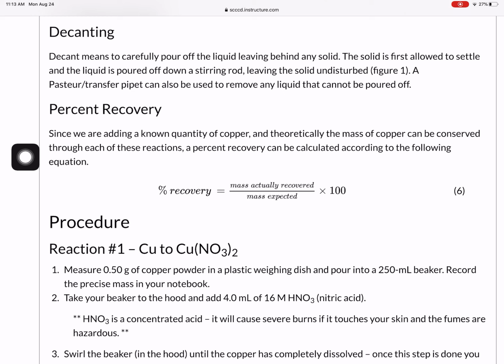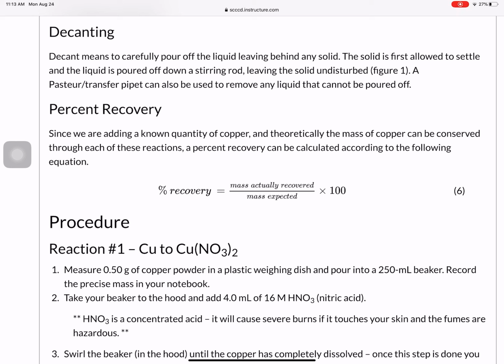Percent recovery. This sort of falls into the idea of conservation of mass. So we weigh the amount of copper that we start with, and then in theory, we should be able to get all of the copper back, right? Because the copper's not being created or destroyed.